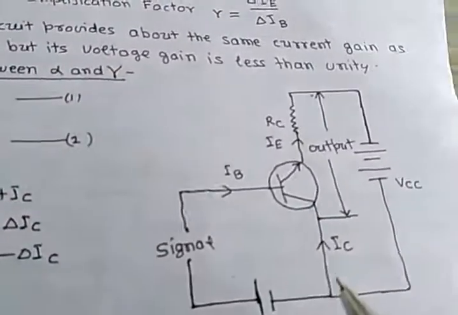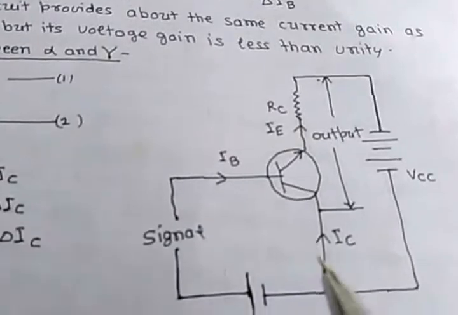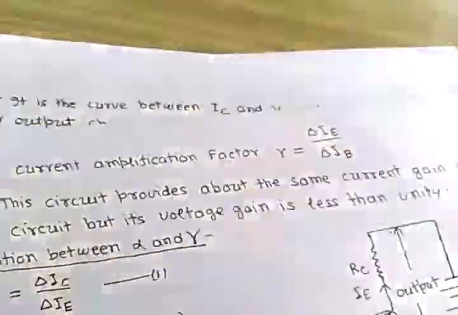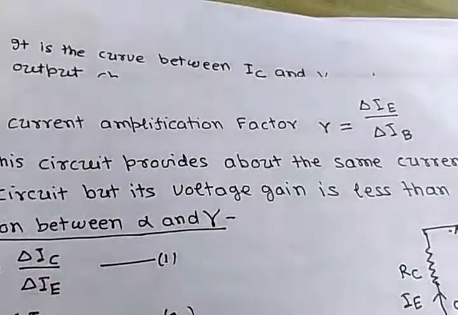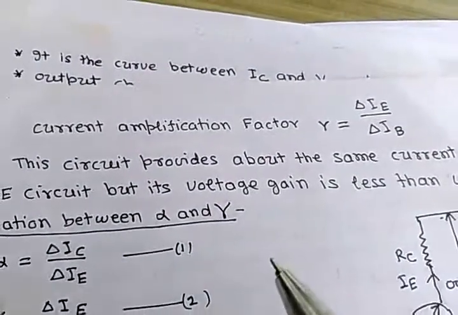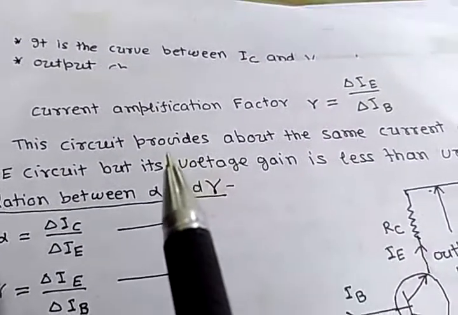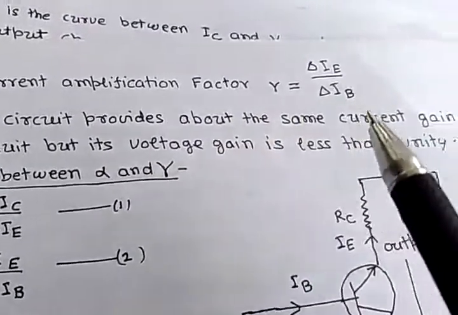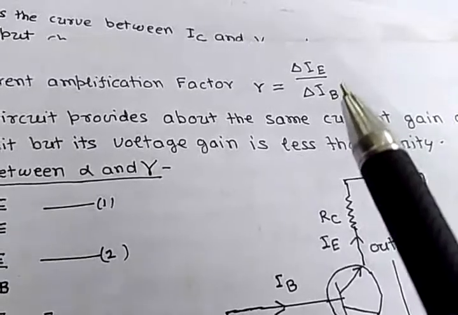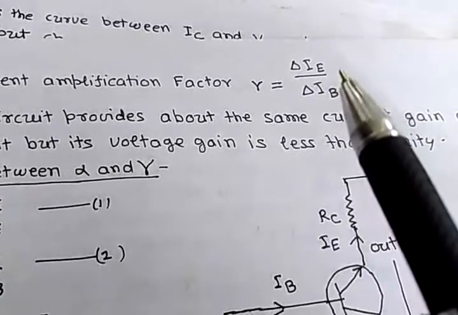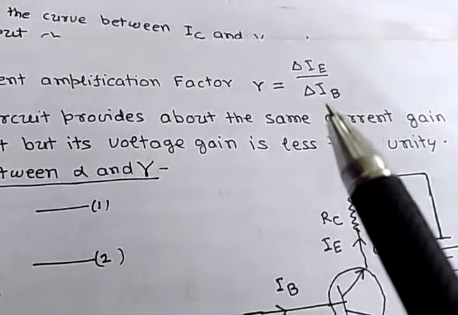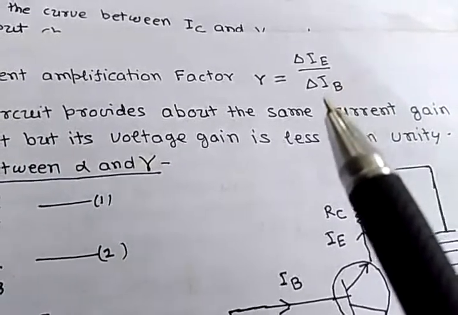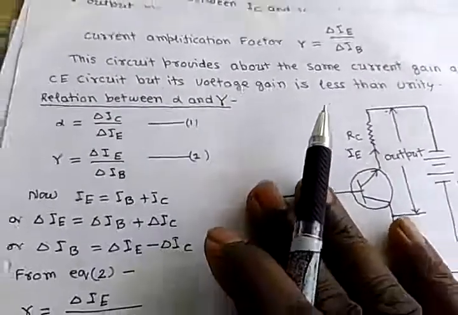So collector is common between input circuit and output circuit. In common collector configuration, the important parameter is current amplification factor gamma, which is the ratio of change in the emitter current to the change in the base current, delta IE upon delta IB.